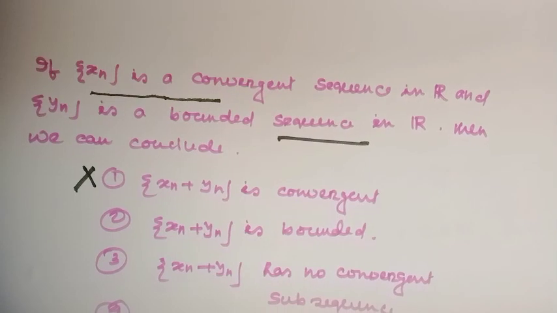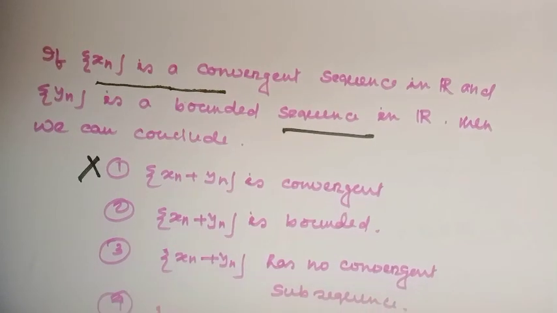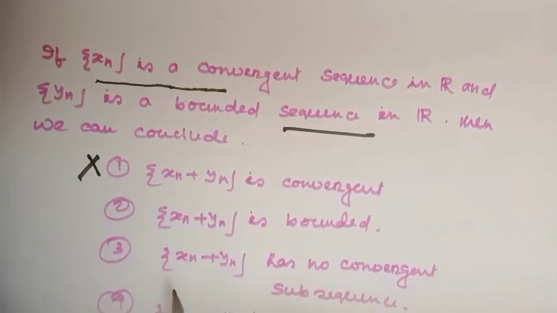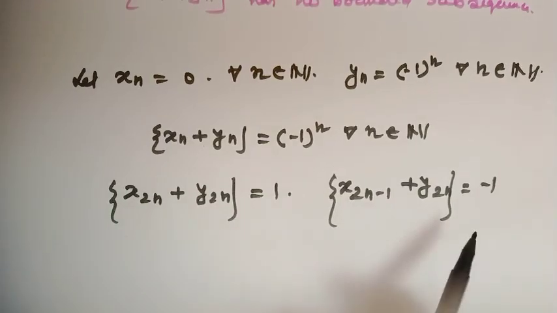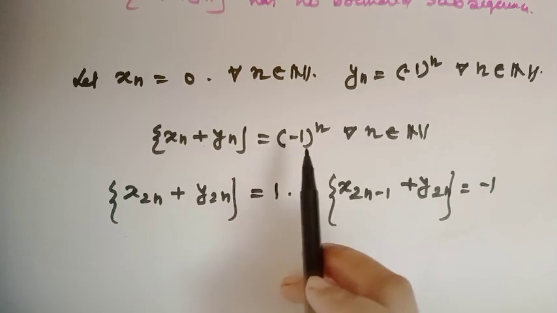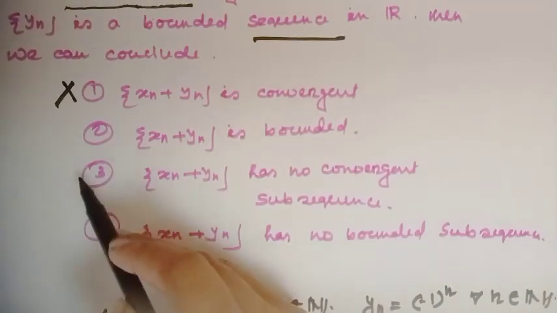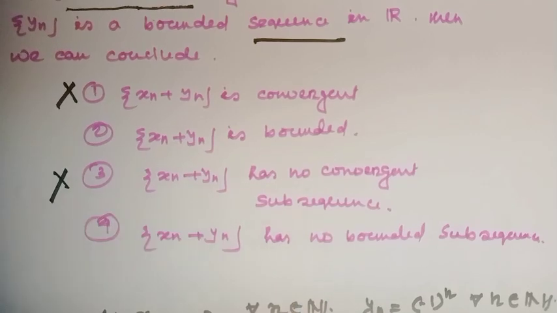Okay, let's come back to option 3. Here it says the sequence xn plus yn has no convergent subsequence. But see, both subsequences are convergent, though the main sequence is not convergent. So option 3 is also a wrong option.